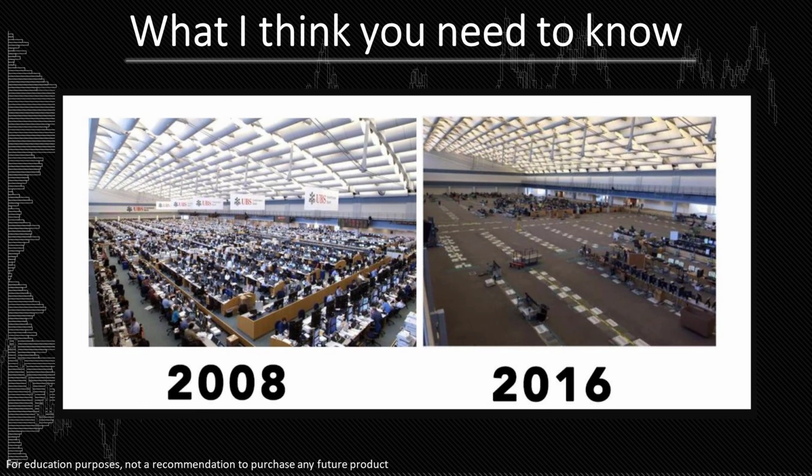Okay, we're looking at a picture of what used to be UBS, largest trading floor in the world in 2008, and then what it became in 2016. Do you think you are still trading with people? No, you are trading with computers. Computers do not draw trend lines. They don't look at moving averages. They don't look at stochastics.